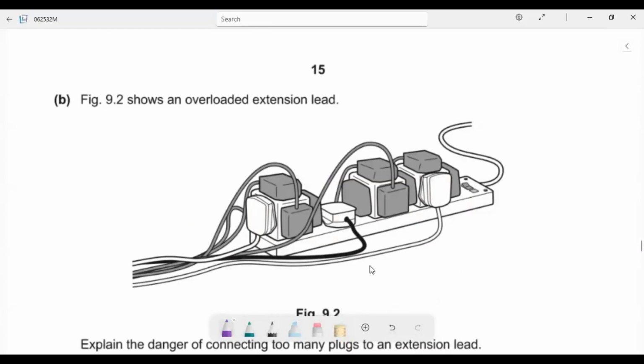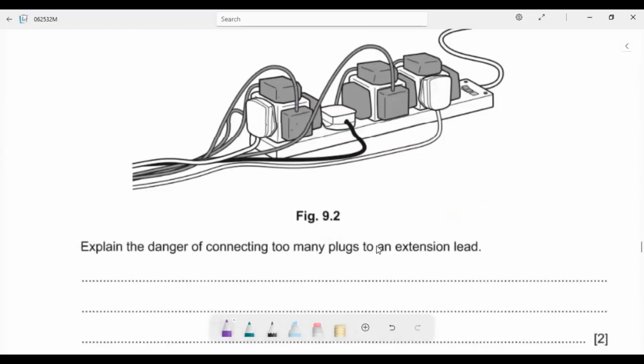Next, figure 9.2 shows an overloaded extension box. You can see here, this extension box has been overloaded with so many plugs. Explain the danger of connecting too many plugs to an extension box. When you're connecting too many plugs, each will draw current, right? So the current drawn will be more.